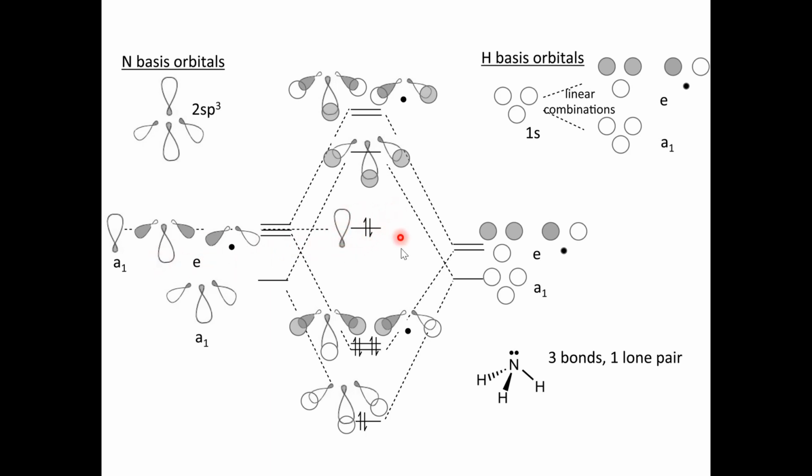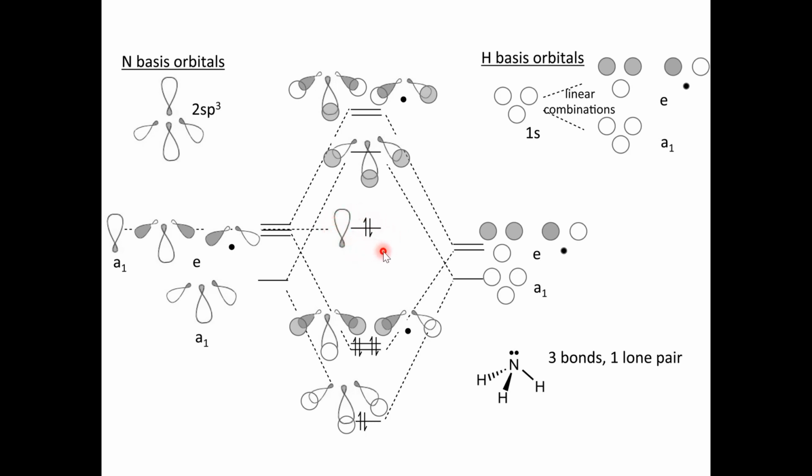So then I start to occupy all these levels, and I have 5 electrons from nitrogen and 3 electrons from hydrogen. So I have a total of 8 electrons. So 2 electrons here, 4 electrons here, and 2 electrons here.